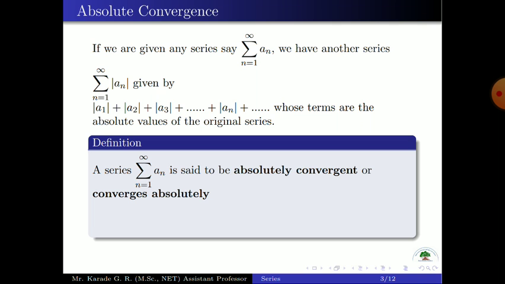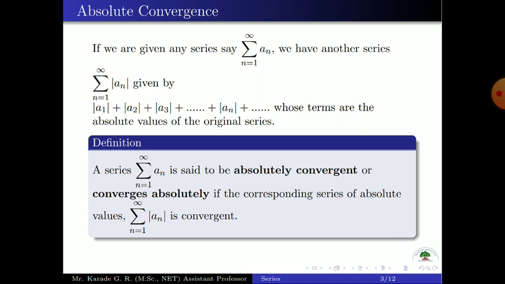A series summation a_n is said to be absolutely convergent, or converges absolutely, if the corresponding series of absolute values, summation mod a_n, n equal to 1 to infinity, is convergent.